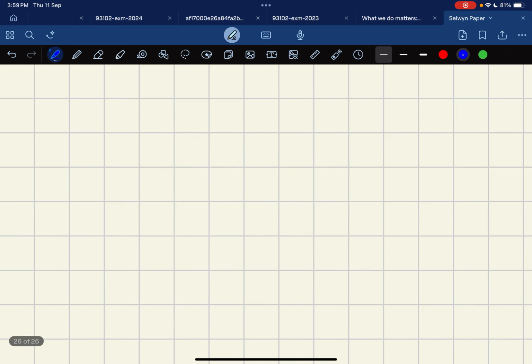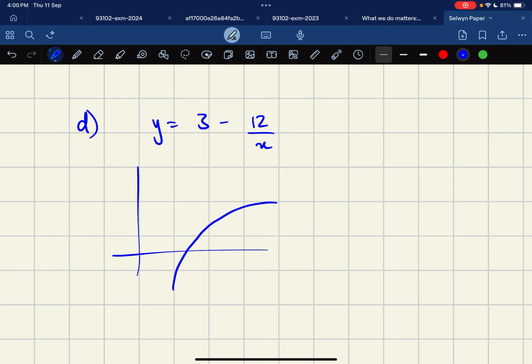Next part is part D. So consider the function y equals 3 minus 12 over x. Calculate the total area of the shaded regions. So the shaded regions, it goes like this, and they want this area here.